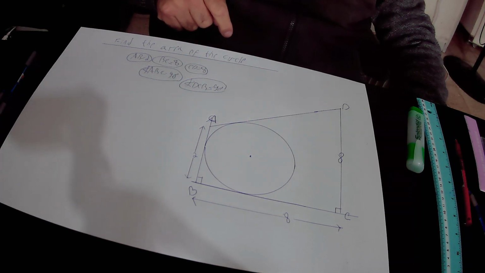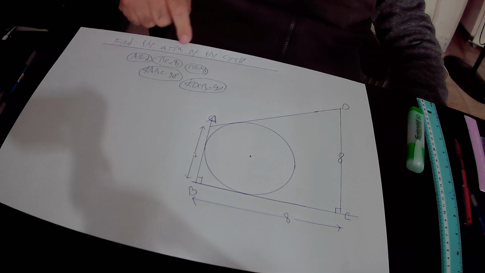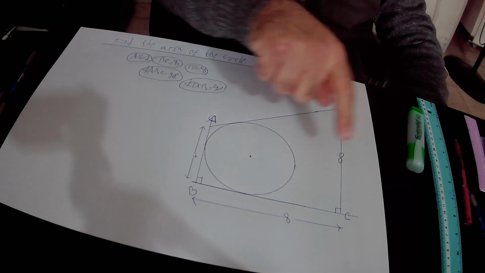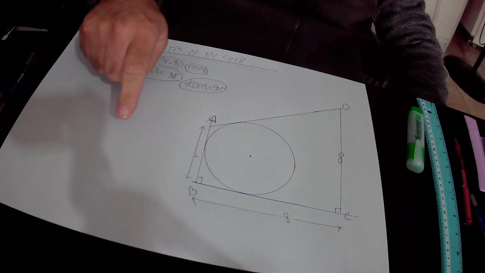So first of all we'll do construction. We'll extend side BA and side CB of the quadrilateral until they touch each other.